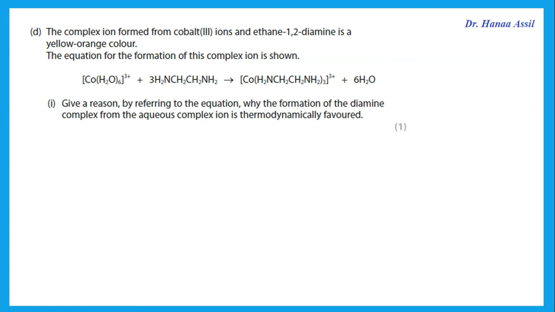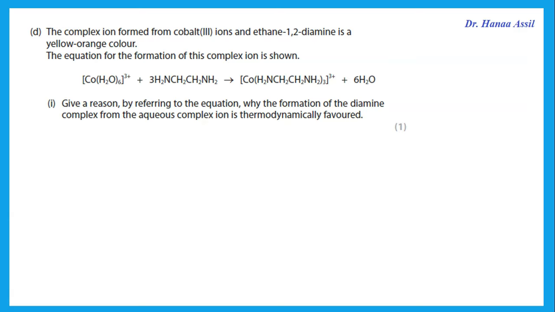The complex ion formed from cobalt 3 ions and ethane 1,2-diamine is a yellow-orange color. The equation for the formation of this complex is shown. Give a reason by referring to the equation why the formation of the diamine complex from the aqueous complex ion is thermodynamically favored. Why is this reaction feasible?